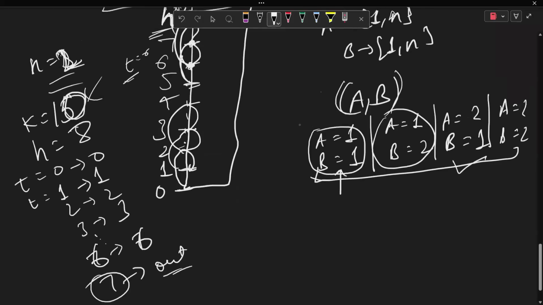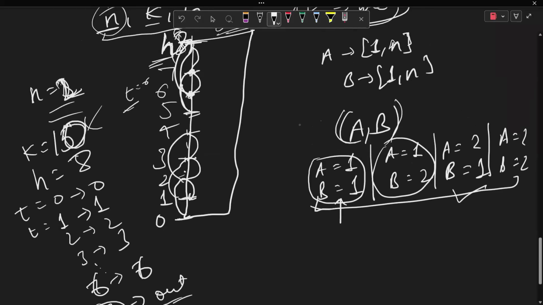So you see, you were effectively moving up by 1 unit each second. A minus B was 1. You were doing plus A and then minus B at each step. So a net of A minus B each second, a net of 1 each second. So if you had a height of 8, it means after 8 seconds you would come out of the well.